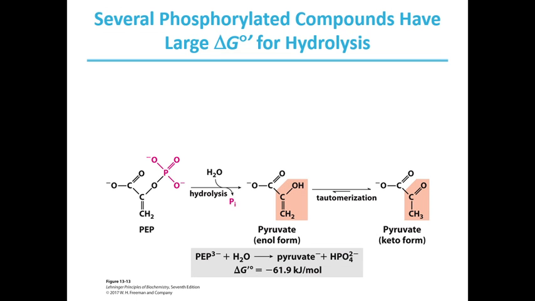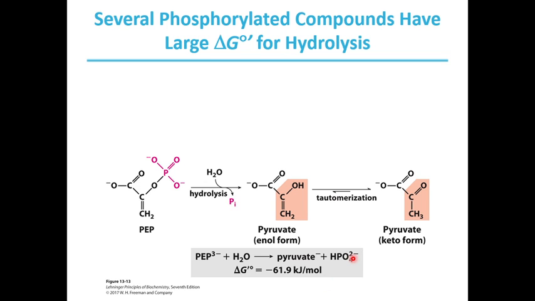Besides ATP, there are other phosphorylated compounds that have large delta G0 for hydrolysis. For example, phosphoenol pyruvate or PEP, the hydrolysis of which has a very large standard free energy change. Even larger than ATP, as you can see, it's minus 61.9 kilojoules per mole.